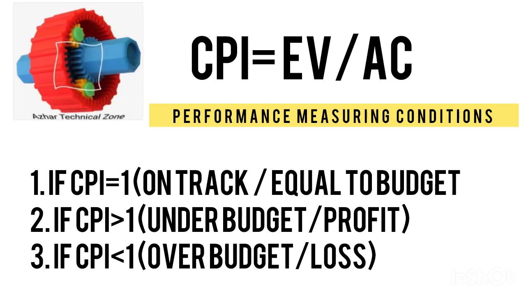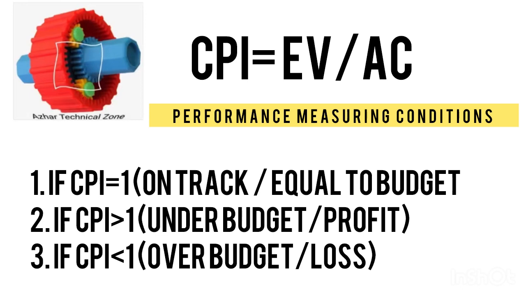So we can call it within budget. Moving to the third condition, if CPI is less than 1, suppose the earned value is 50,000 and the actual cost is 100,000, it will become 0.5.